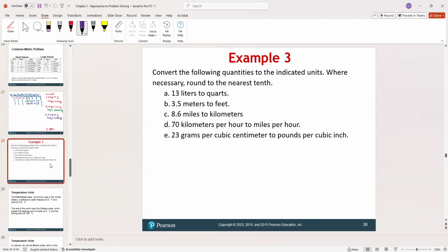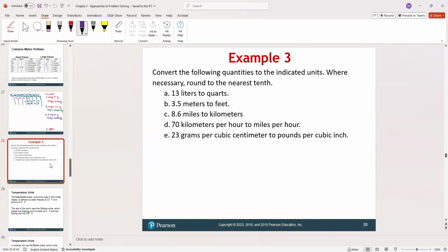Convert the following quantities to the indicated units where necessary, round to the nearest part. So we can convert anything we want here to a different unit.